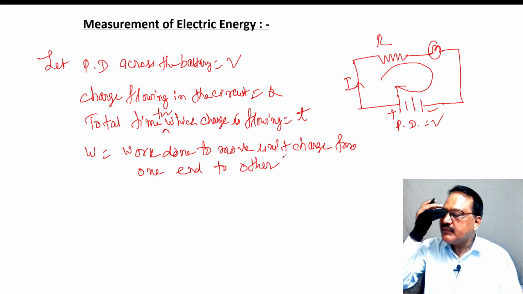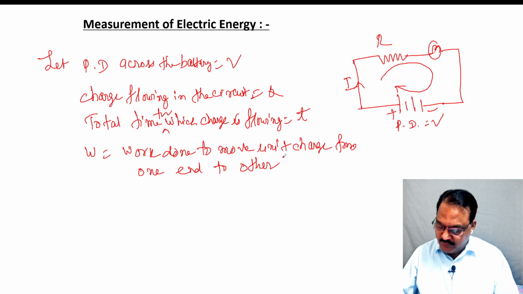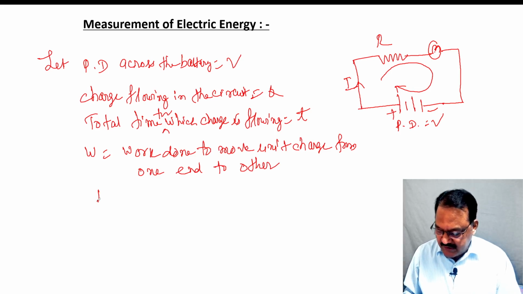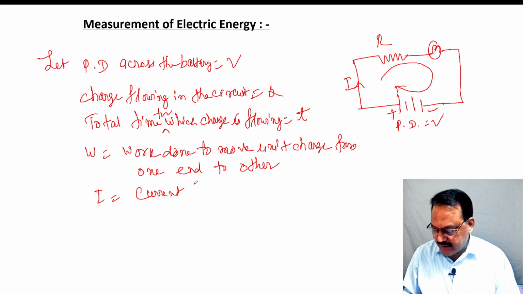Okay, voltage we have taken, and we have to take I also. I means this is the current flowing in this circuit.